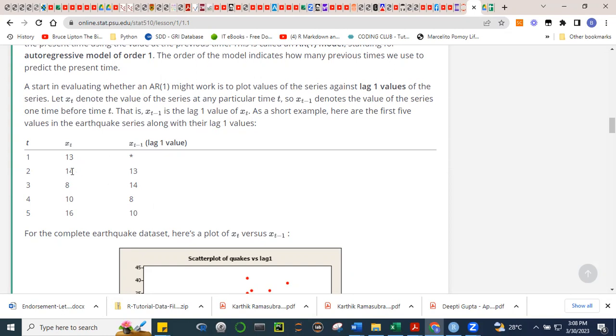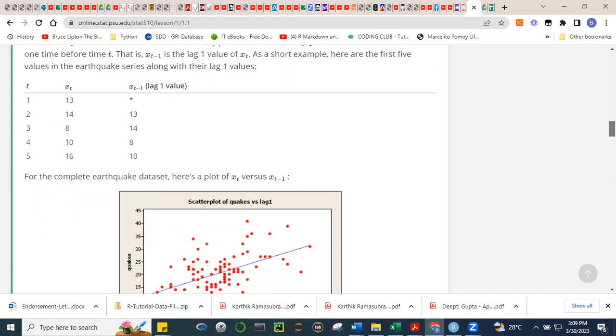So the lag 1 value should be 14. That means you're going to get the past value. I don't like how it's presented here; we'll just create another time series. But what lag 1 means is that you're going to use the prior value. You're going to use this time series of previous values in order to predict our original time series. We're going to work on that.